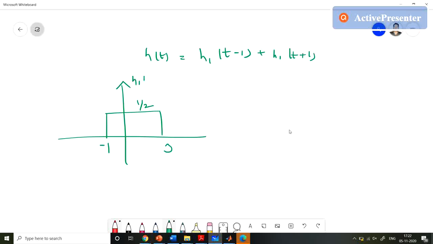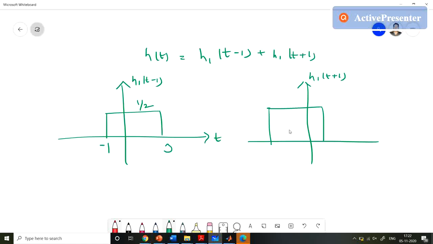Then we have h1(t plus 1), where we have 1 and we have minus 3.